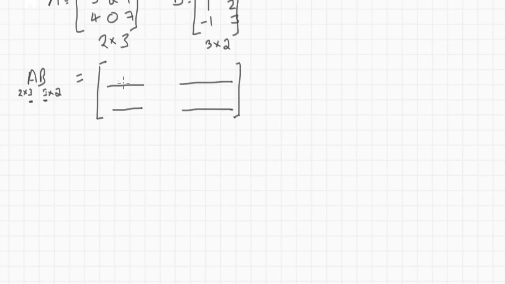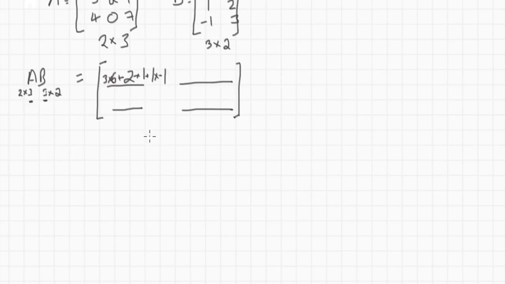So this entry right here is in the first row and the first column. So I'm going to get that by multiplying the first row of A by the first column of B. So I need to do 3 times 6, and I'm going to struggle to fit this all in, 3 times 6 plus 2 times 1 plus 1 times -1.